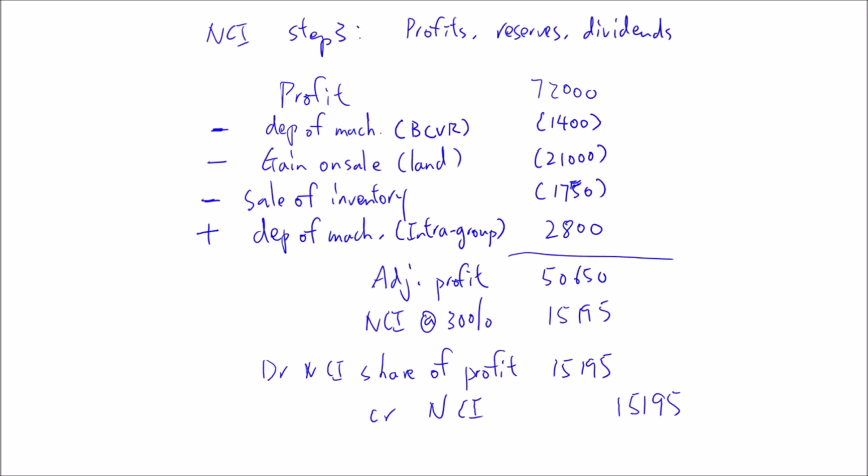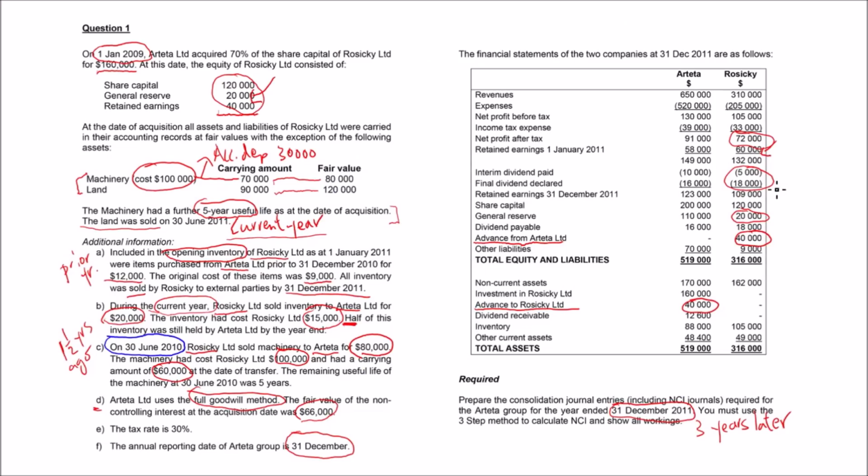After that, we also got journal for reserve as well as dividends. We will look at the dividend first because it's easier. So with the dividend, going back to the original question, you can see that we got 2 amounts of dividend there. 70% of that dividend we already eliminate through the parent intra-group transactions. So the remaining 30% we want to reverse through the NCI step 3.